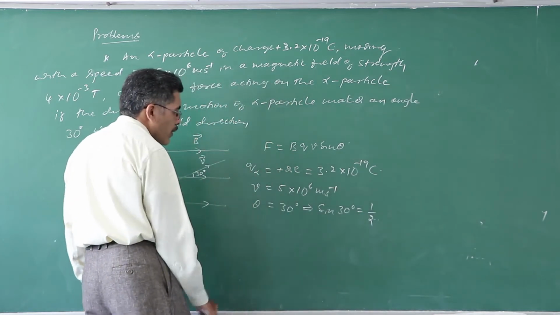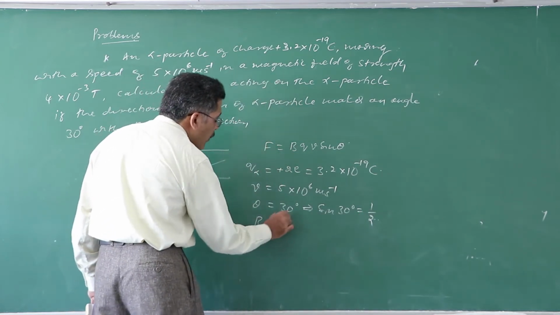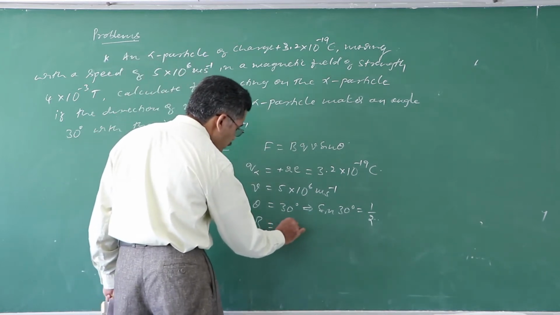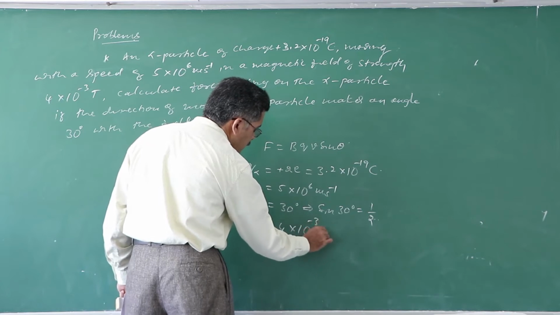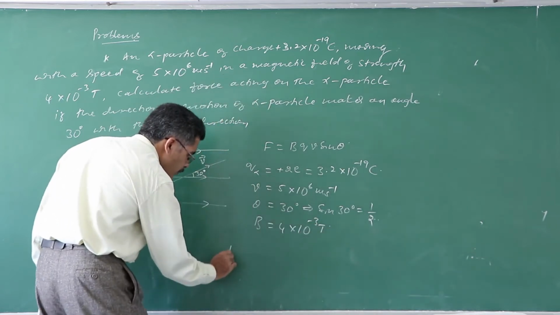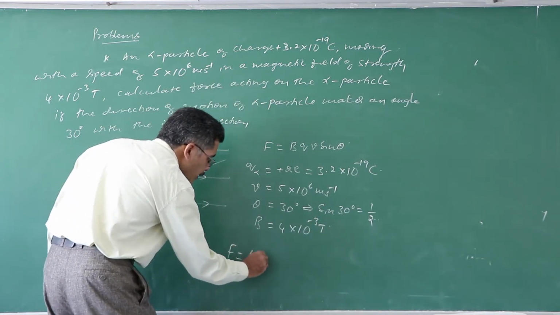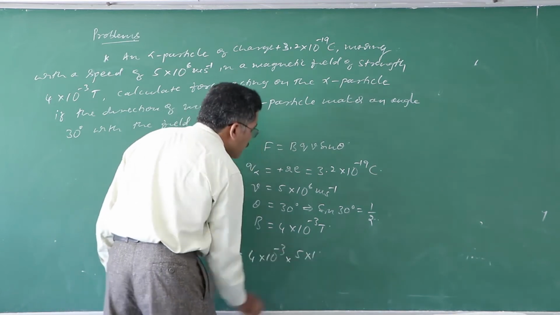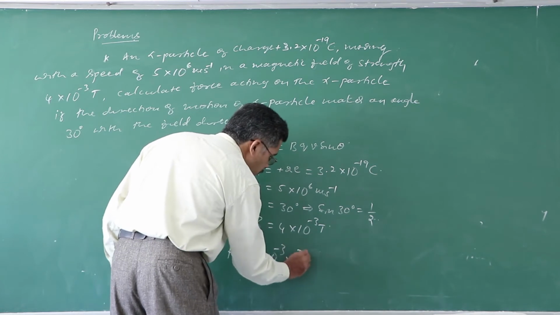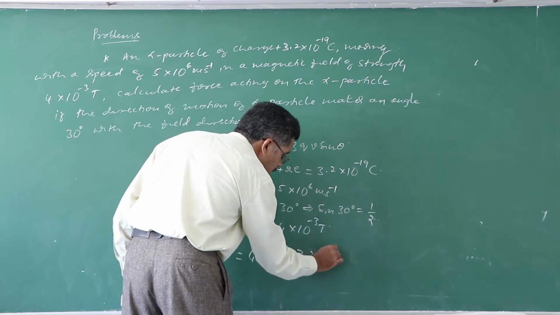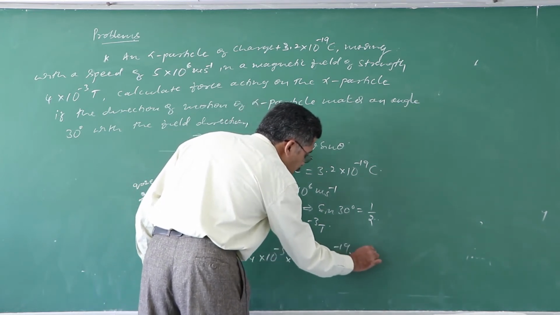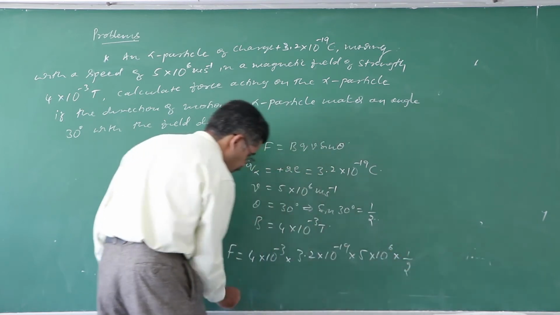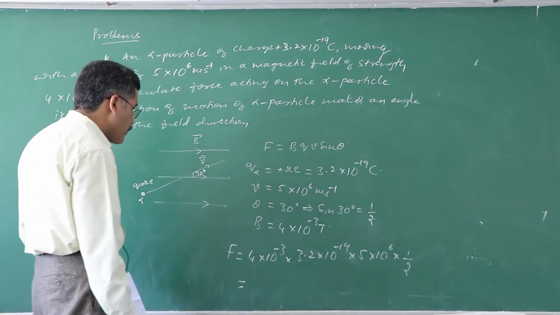Now substitute for all these quantities. B is 4 into 10 raised to minus 3 Tesla. F is equal to 4 into 10 raised to minus 3, into charge 3.2 into 10 raised to minus 19, into 5 into 10 raised to 6, into 1 by 2. See what you are going to get.